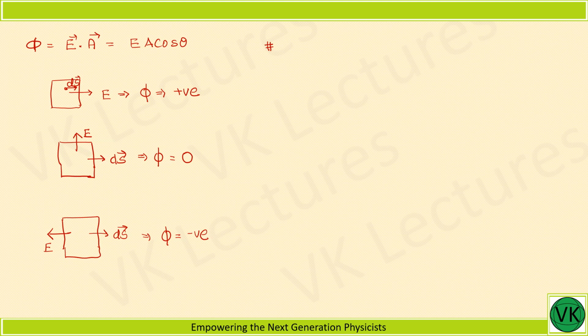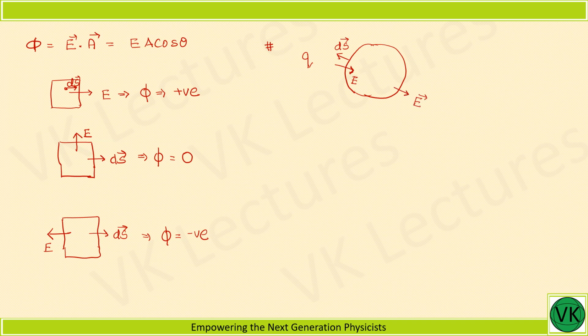Now let's also find one example here. You have a charged particle q kept outside a closed surface, say for example this is a closed surface, and through the surface the electric field enters. So when the electric field enters, the electric field is in this direction and the area vector is in the opposite direction. And the electric flux, when it comes to the opposite surface, is in this direction.